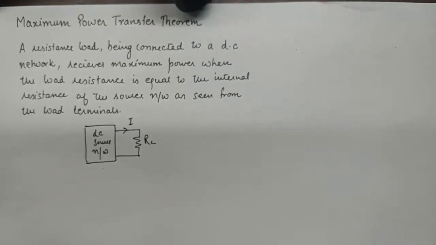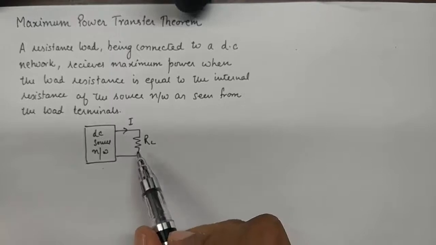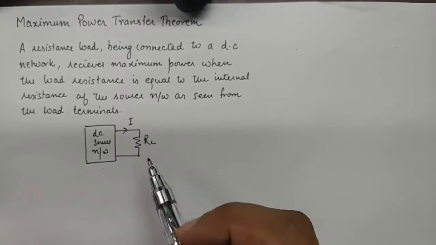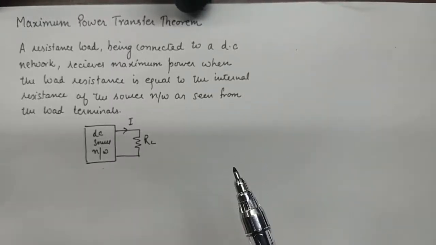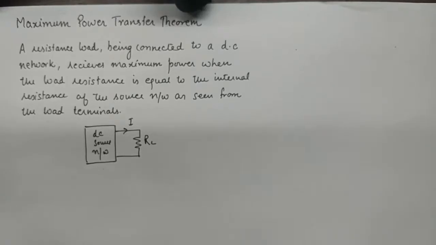In other words, this load will receive maximum power from the network only when the load resistance is kept equivalent to the internal resistance of the source network.